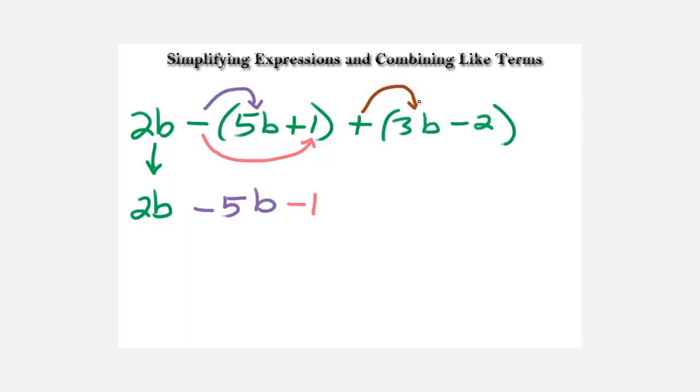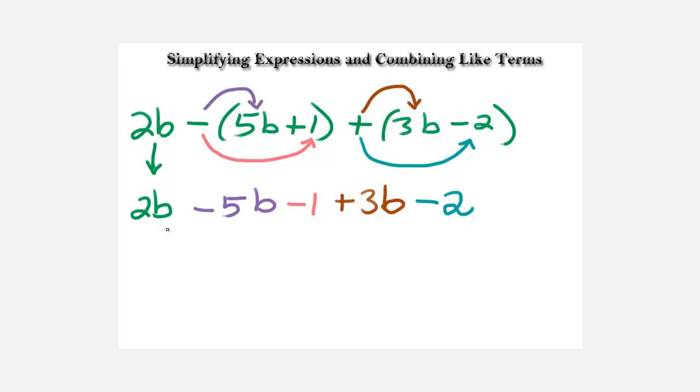So that positive times the 3b, so that'll give us a positive 3b. And last, we have that positive 1 times a negative 2, which gives us a negative 2. Okay, so now we have the simplified expression.